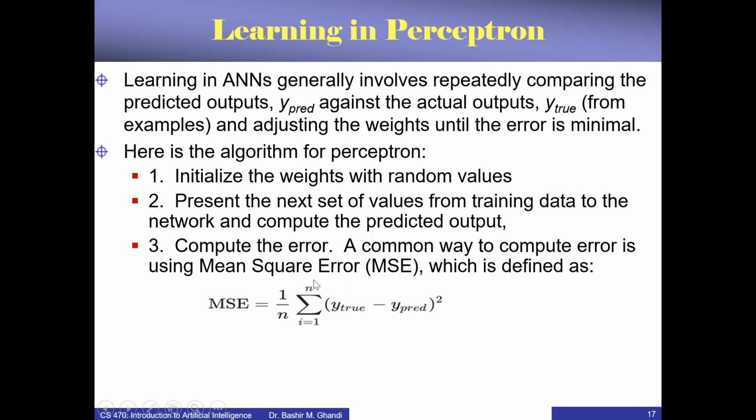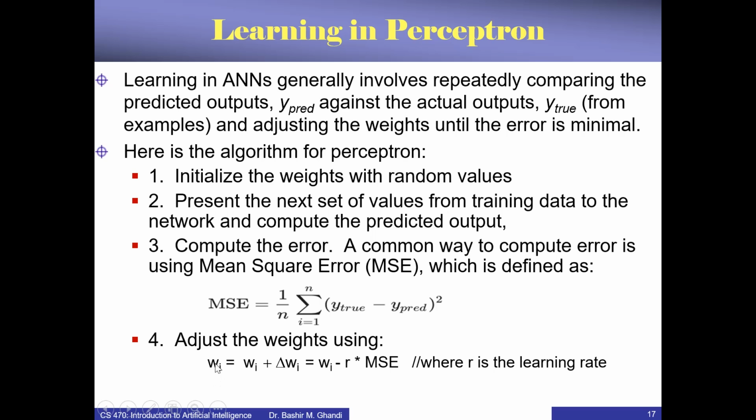Of course, initially this mean square error may be big because we started with just random values of the weights. So what you do is you adjust the weights by subtracting this error from the current weights. Okay, so that's the next step. Adjust the weights using this formula.